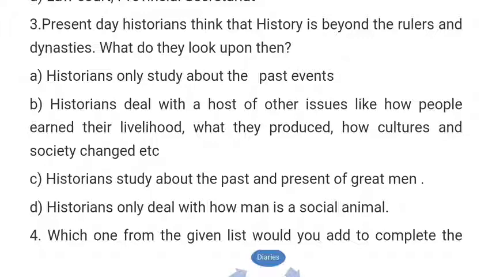Historians only deal with how man is a social animal. So here the suitable answer is about how rulers and dynasties gave importance to solving problems faced by common people as well as themselves. So the correct option is B.